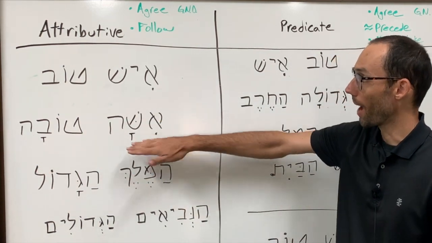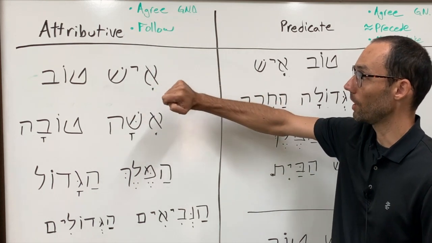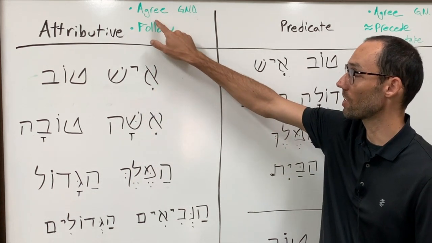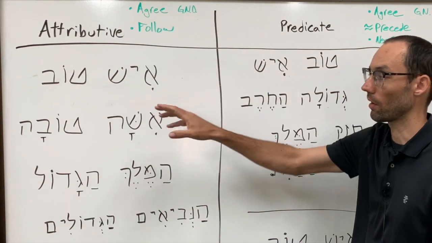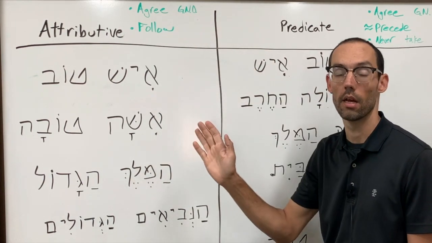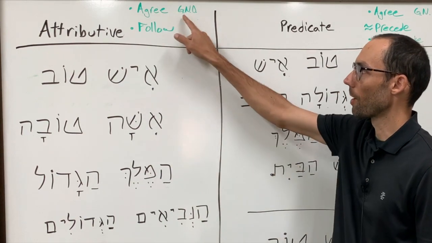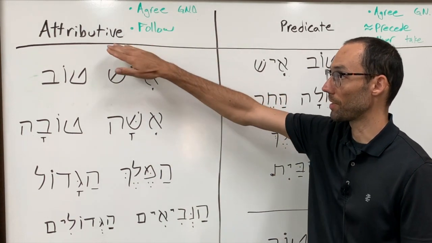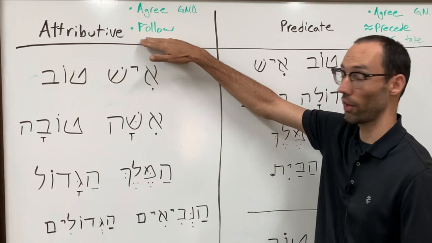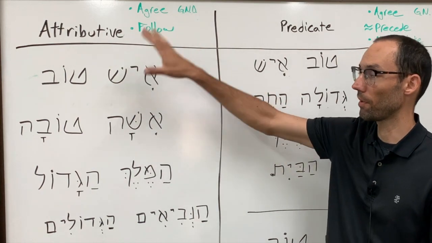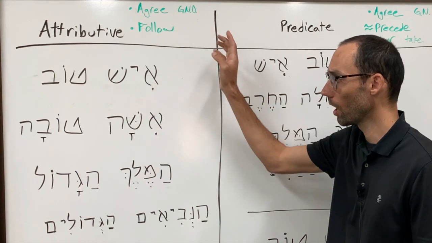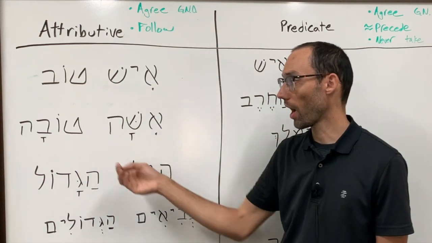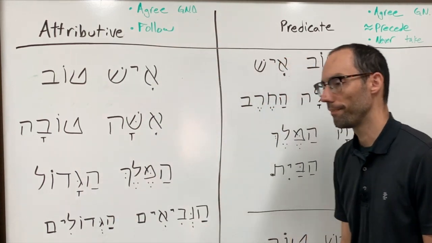Now, that brings us to what I've written in green here. The attributive position agrees in gender, number, and definiteness, meaning if it's the or a, right? Gender, number, and definiteness is what the attributive position agrees in, and it follows. If you want to think of attributive as agreeable, it agrees and it follows. Okay? So, Isha tova, a woman, a good one.